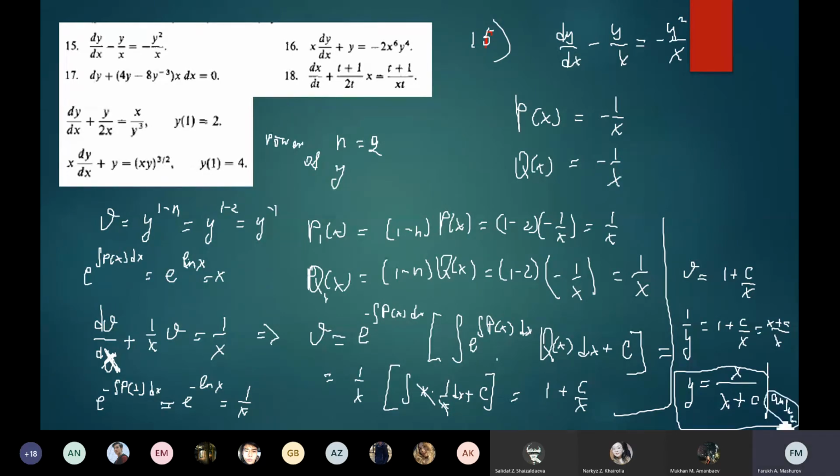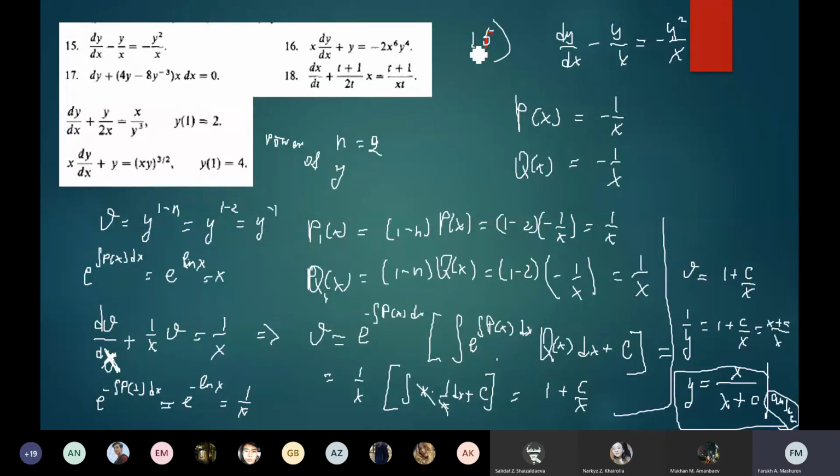Questions? Right now, in the quiz, do we also need to write it like this? So no, in the quiz you don't have Bernoulli equations. Next time you will solve them, but today you will not.